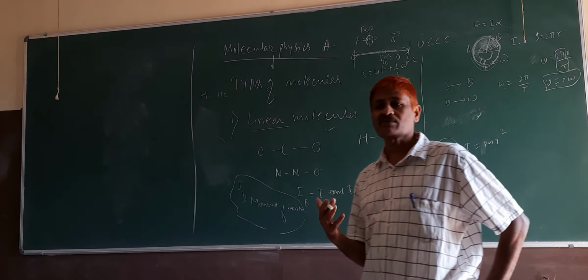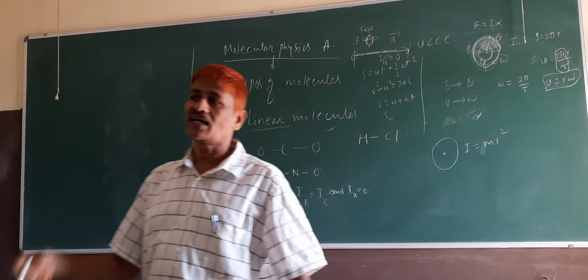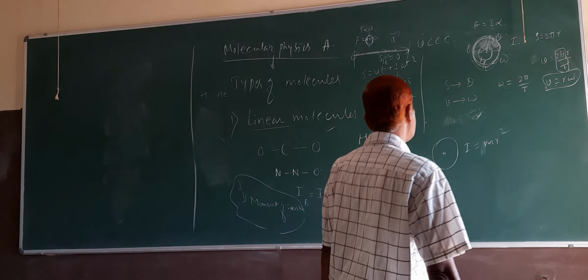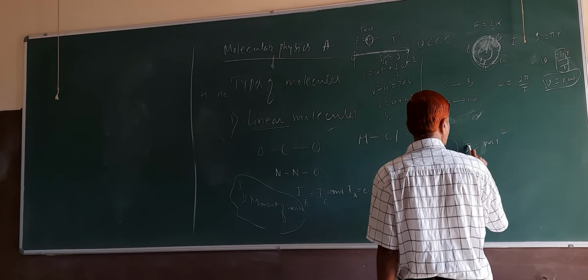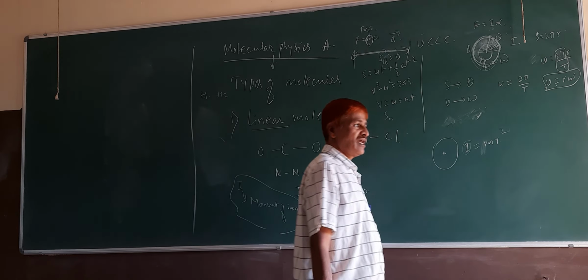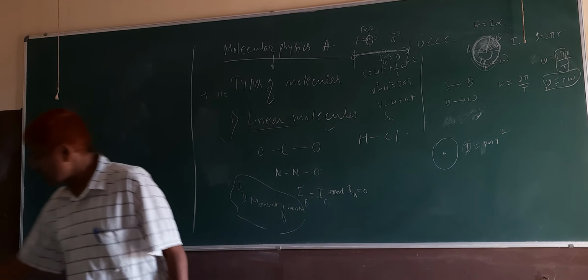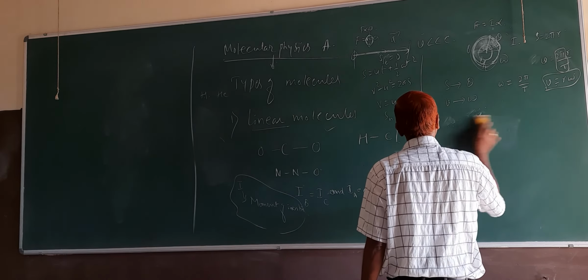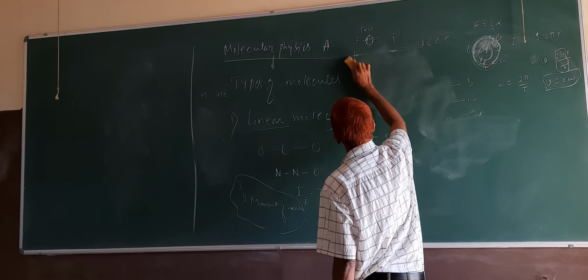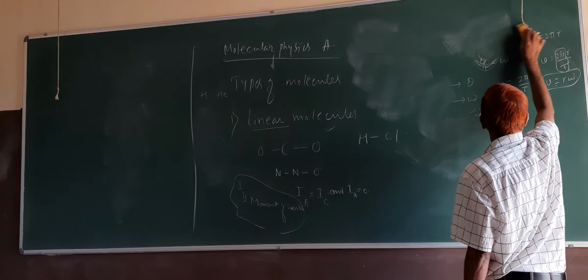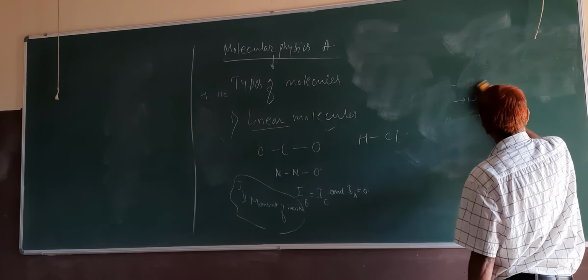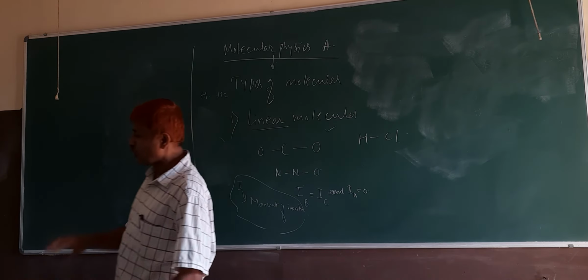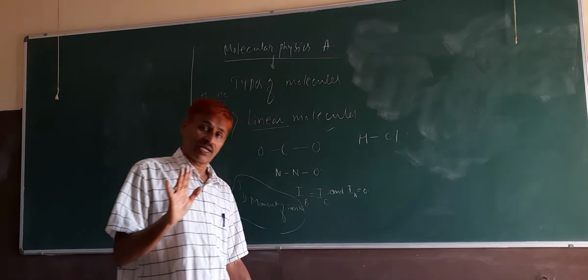Moment of inertia has mass into radius square, right? Moment of inertia is nothing but the inertia for rotational motion. Inertia for rotational motion means you have to apply some minimum force to set the body in rotational motion.